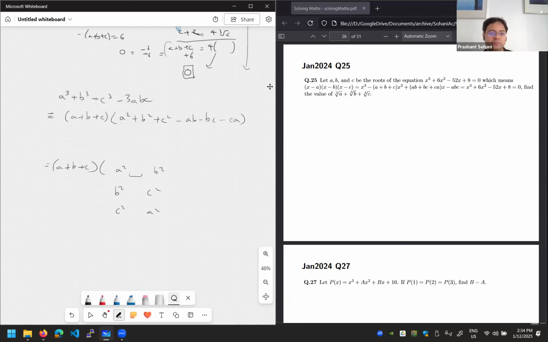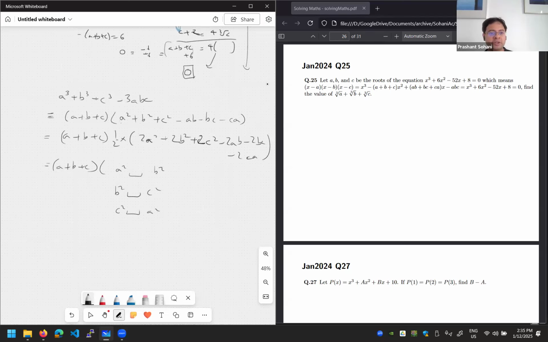Okay, so what we are going to do is I'll write this as a plus b plus c times half times. So when I do this, right, what you see is that this AB, BC, CA also get multiplied by 2, and they nicely fit into the middle terms, right?